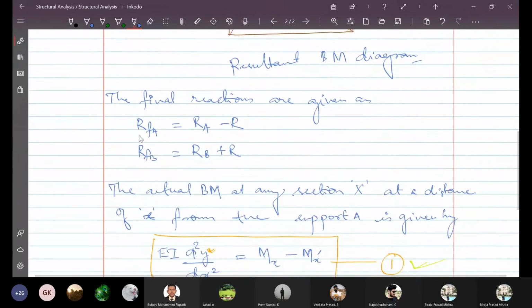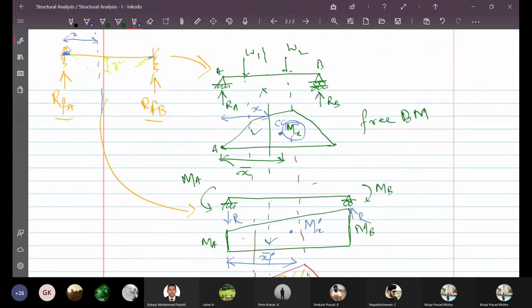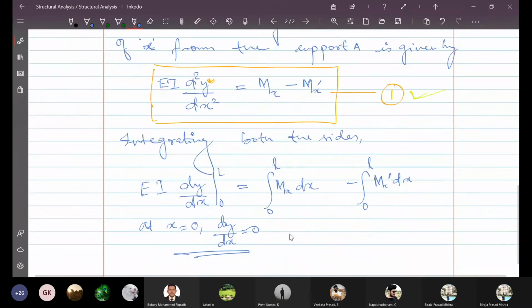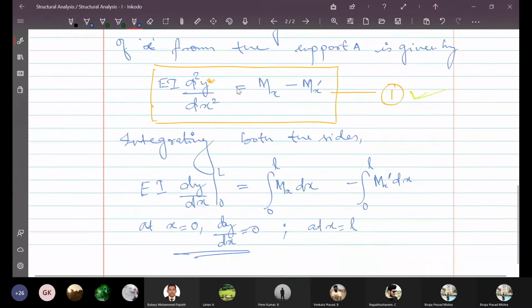So I can write at x equals 0, we have dy by dx equals 0. Now when we consider x equals L, at this point also the slope is 0, so at x equals L, dy by dx equals 0 again. So we have both these two conditions.